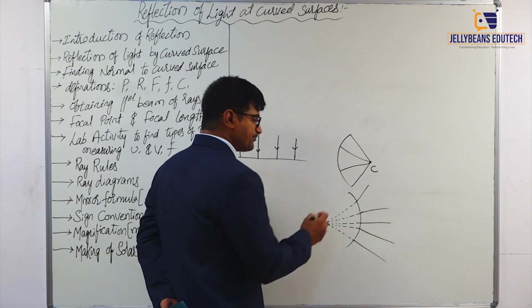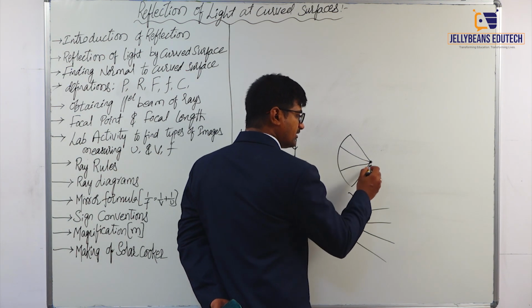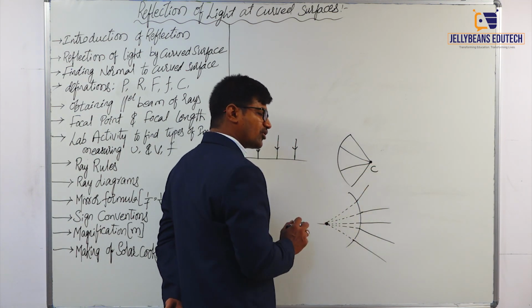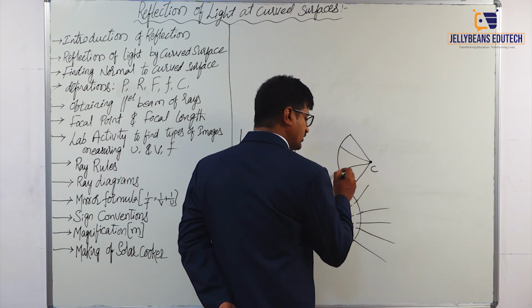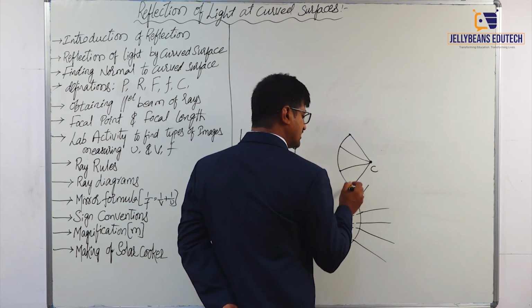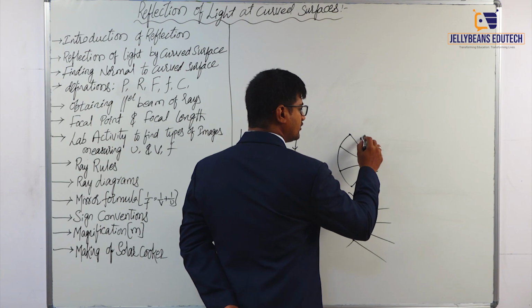That means the line drawn from the center of curvature to any point on the surface, we consider as a normal.